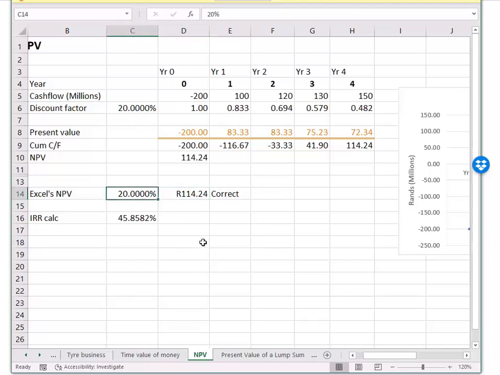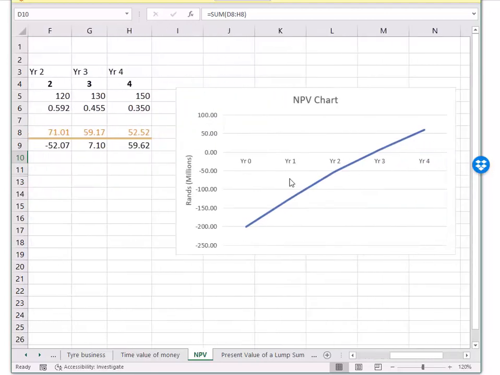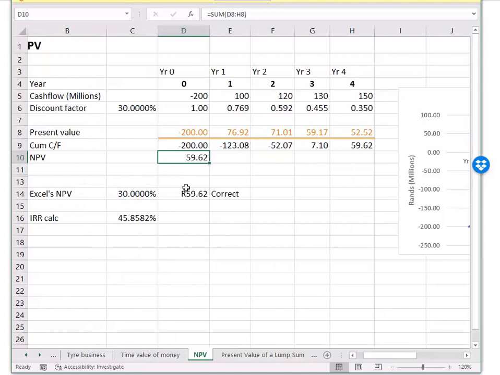So we could do a series of iterations. We could say, well, what if we made this 30%? But if you increase the discount rate, you're going to get a different factor, and the discount effect will be heavier, and therefore the NPV will be lower. And you'll notice here with the graph, this has ended at a lower point, 59.62. Now we can do a series of iterations.